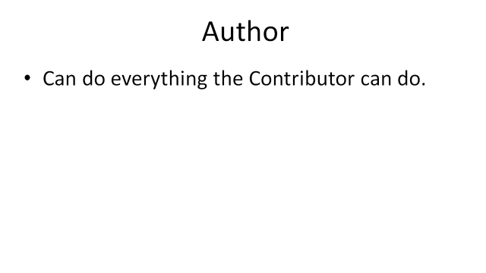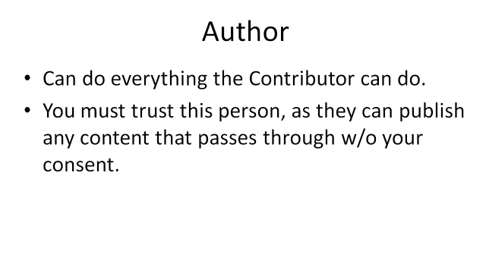Now we have the author. The author basically can do everything that the contributor can do. So they can submit content, but they can take it to the next level. They can actually publish any content that passes through without your consent. So let's say you have a contributor, an article writer, and you just want them to have the ability to submit content, but you don't want them to have the ability to approve it because you want to make sure that whoever approves it is somebody that you actually trust, because you want to keep the integrity of your WordPress site.